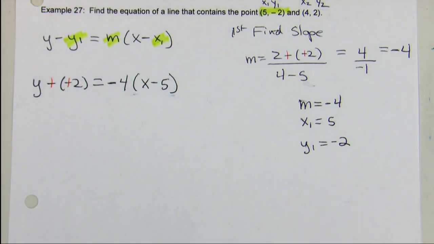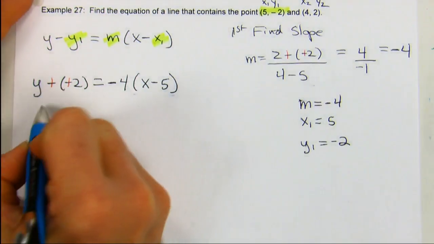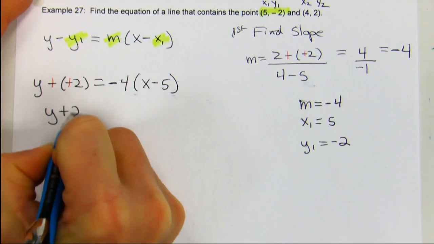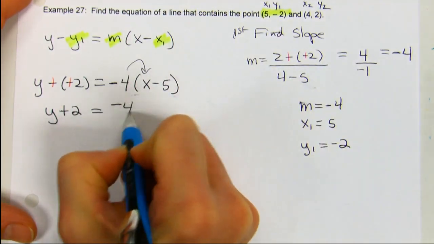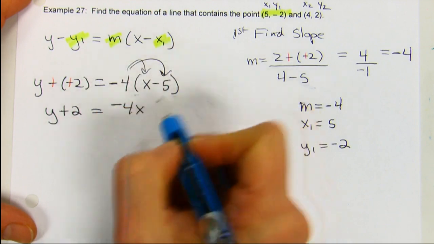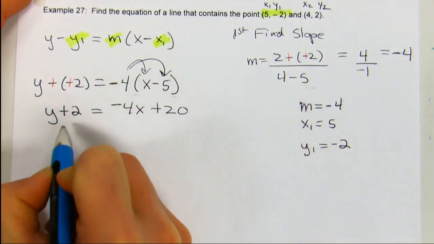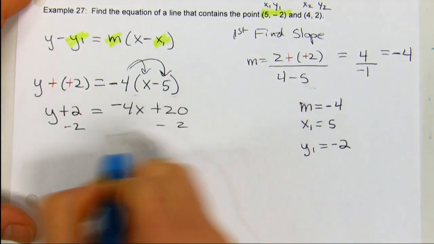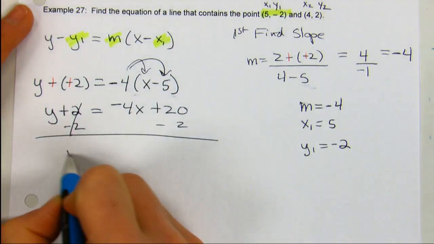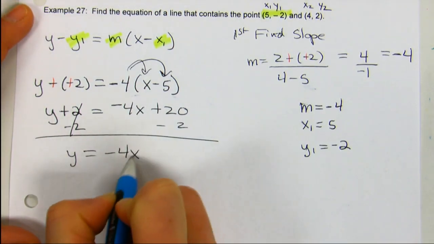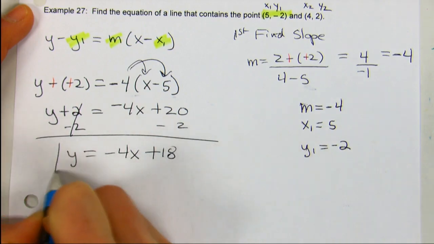I didn't above, I overlooked it. So we could say this is like saying y plus 2 now, and we could distribute. Negative 4 times x is a negative 4x, and a negative 4 times a negative 5 is a positive 20. Now to get y by itself, because that's the form we need it in, slope-intercept form in the end, isolate your y, we would subtract 2, so we have y equals negative 4x plus 18.